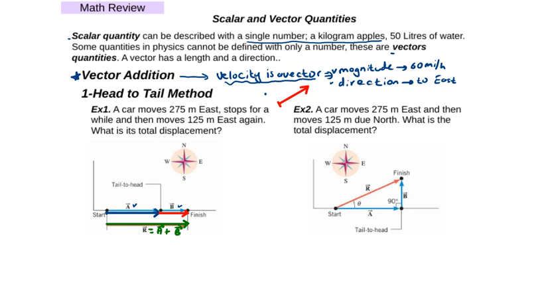Physically, A will be a physical value, B will be a physical value, and R, the resultant vector, will symbolize another physical value. We'll see it in lectures soon. But mathematically, or generally, we call this the resultant vector.